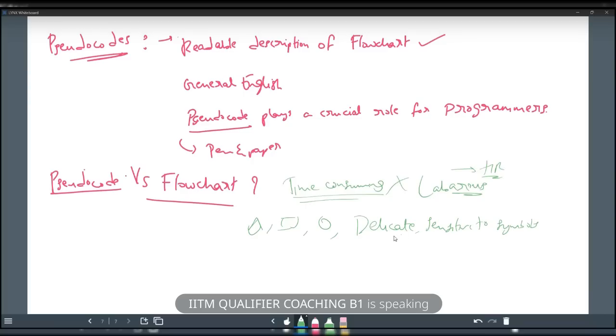Even if someone very perfect at drawing flowcharts misses an arrow, the most fundamental thing in a flowchart, or indicates an arrow in the wrong direction, let us say for a diamond box there will be two branches, one for yes and one for no, and he alters them, no to yes and yes to no, then the entire flowchart gives a wrong interpretation to the programmer, and they finally end up making a wrong program or process. This is one of the main headaches of a flowchart.